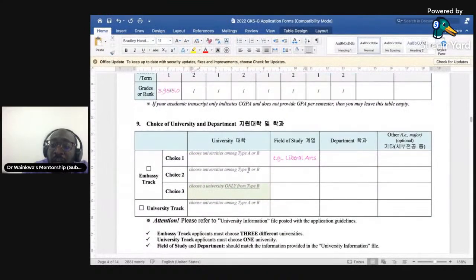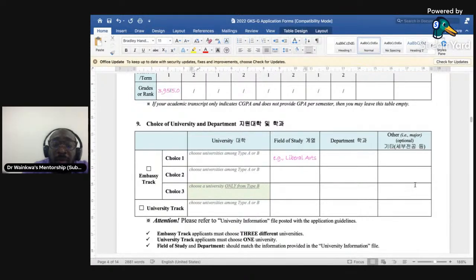Then this is the part now. Embassy track, you choose your universities, type A, B, or choose a university only type B, or only type A. So for example, your field of studies is liberal arts, university type, name. You're not going to choose type B, B, B for all. You have to mix it up.